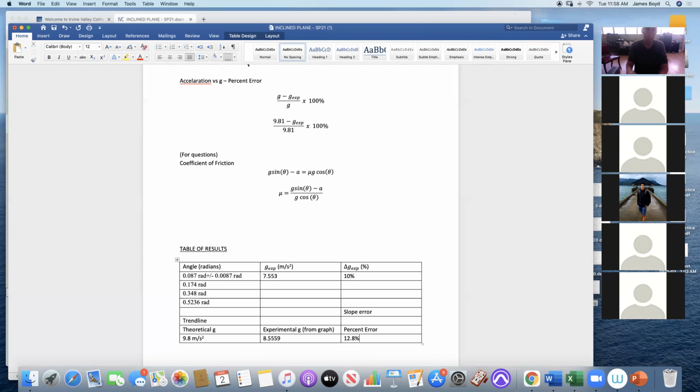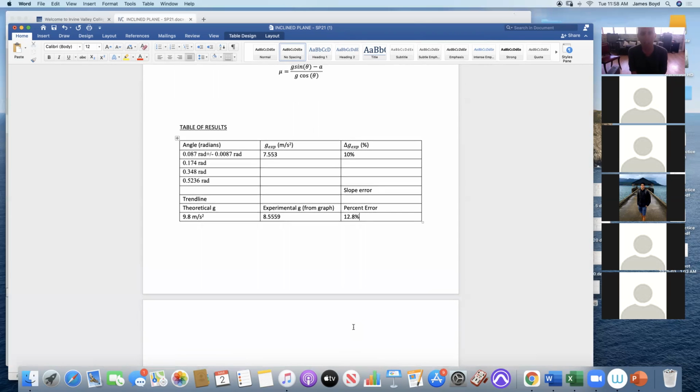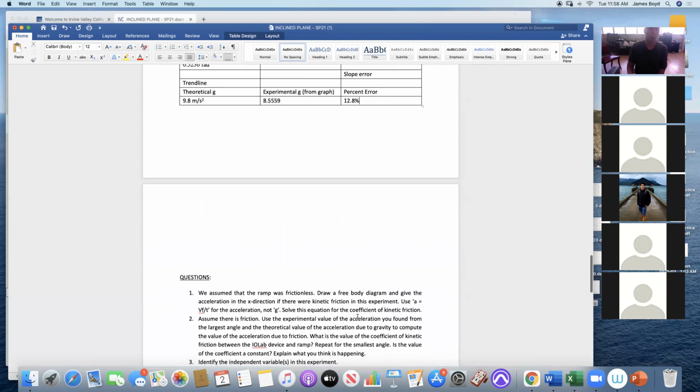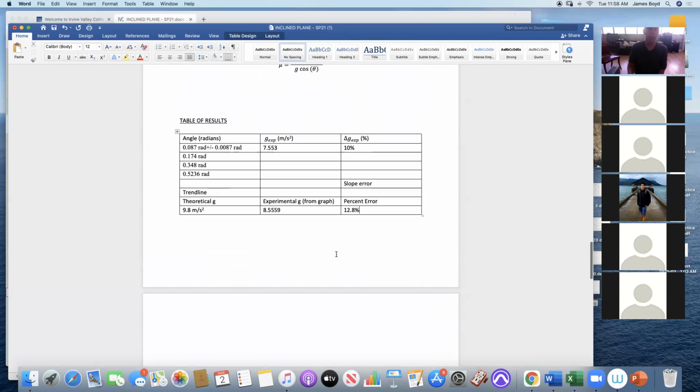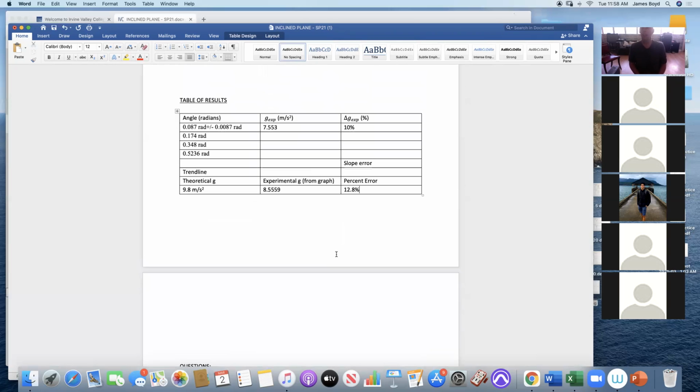And you might go, wow, that's not even close. Well, don't worry about this part just yet. We neglected friction in our answer, and we're going to find friction in the questions. So your percent error might be good, might be bad. Last night, mine was really good.